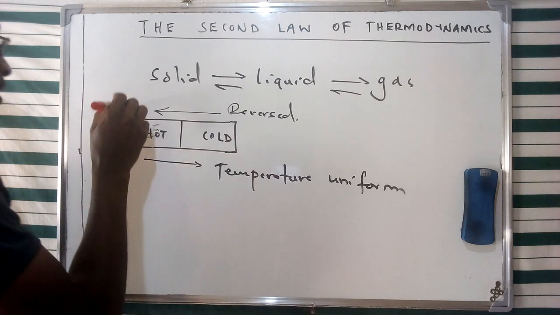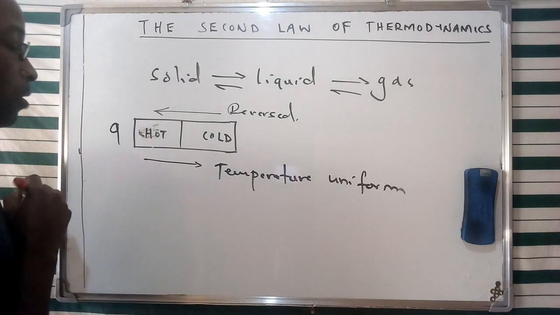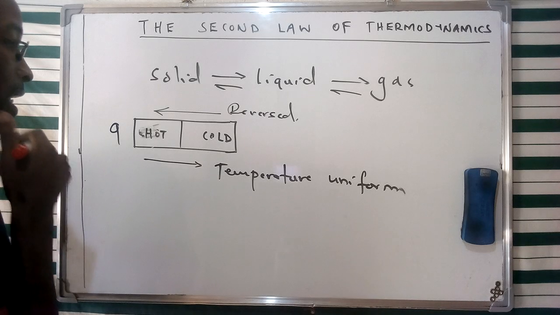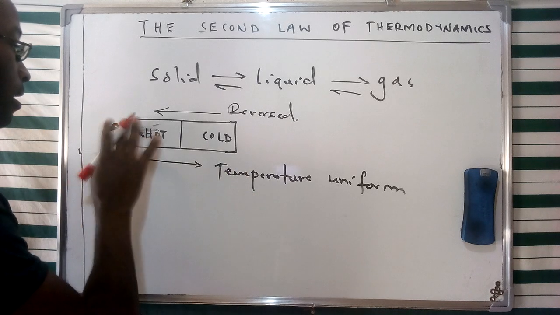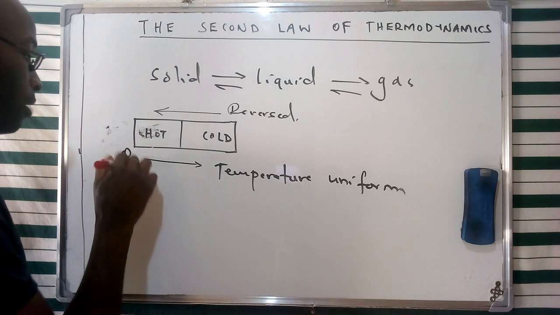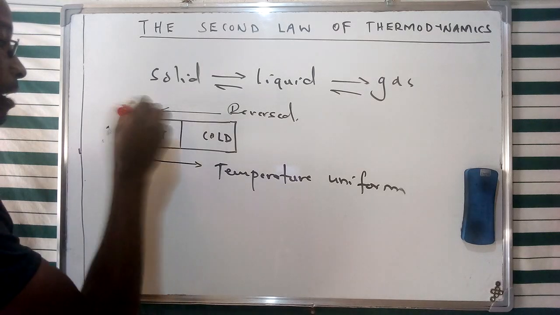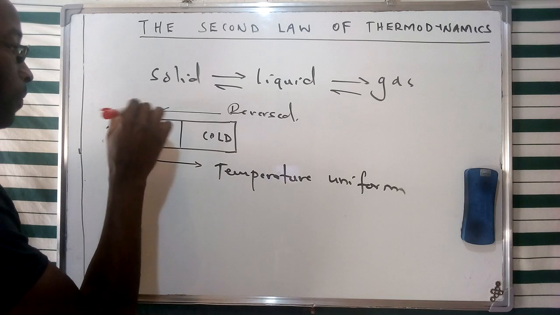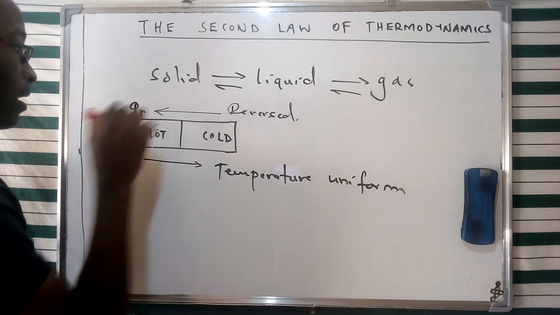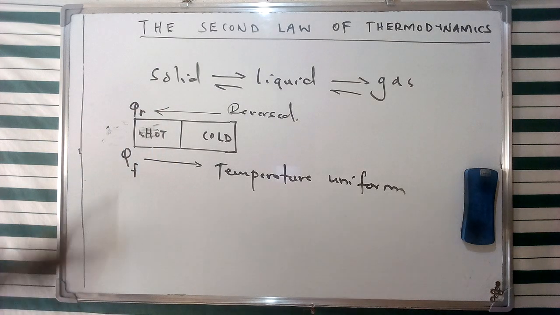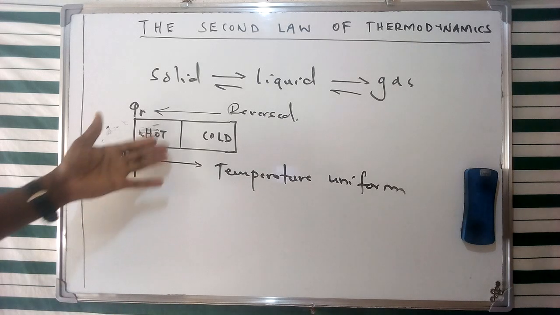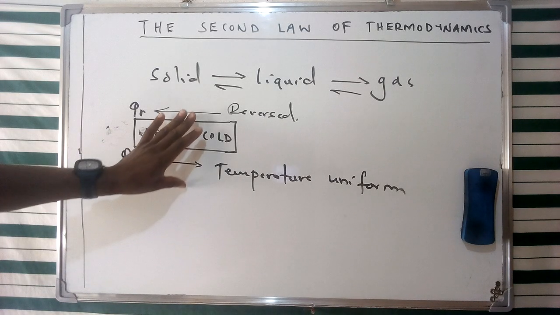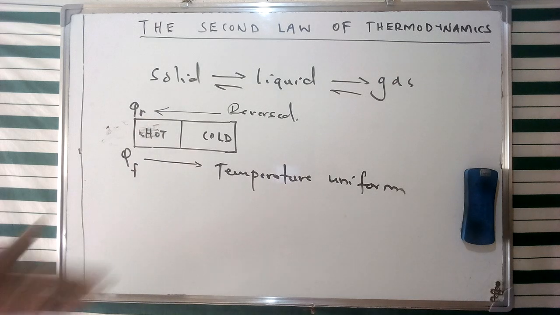So suppose the initial quantity of heat flowing in this forward direction is given as Q. The reverse energy, which is Q reverse, is not going to be equivalent to this. So therefore we can conclude that there's not going to be a complete reversal achieved from this particular process.